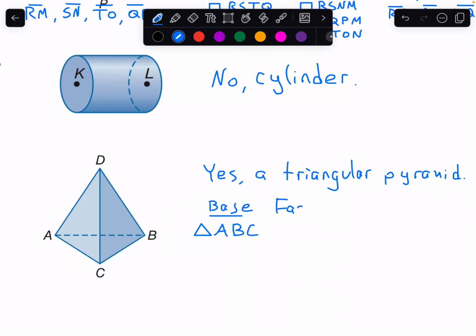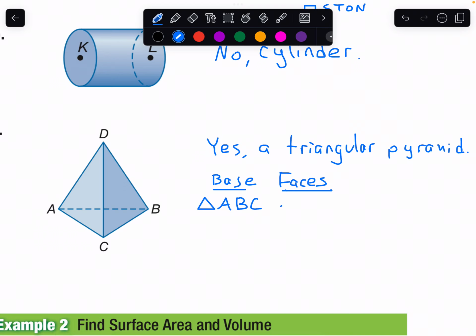The other faces will be all triangles. Let's go ADC. Oops, what happened there? And then let's call the back ADB. And then the right side will be BDC.